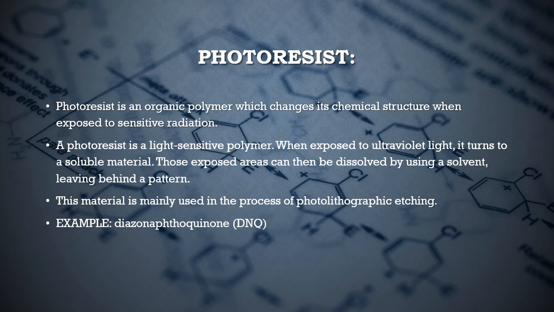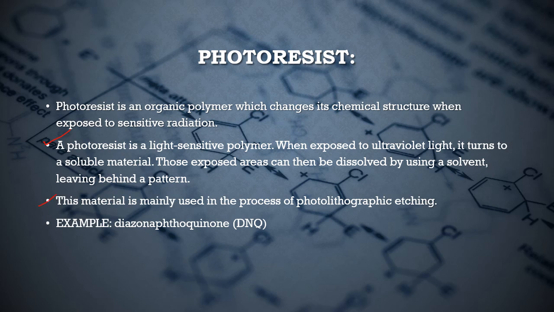So let's discuss photoresist materials. Photoresist is an organic polymer which changes its chemical structure when exposed to sensitive radiation. It is a light sensitive polymer which, when exposed to UV light, turns into a soluble material. That soluble material is exposed to the organic solvent, which further gives us the patterns that we want to produce.